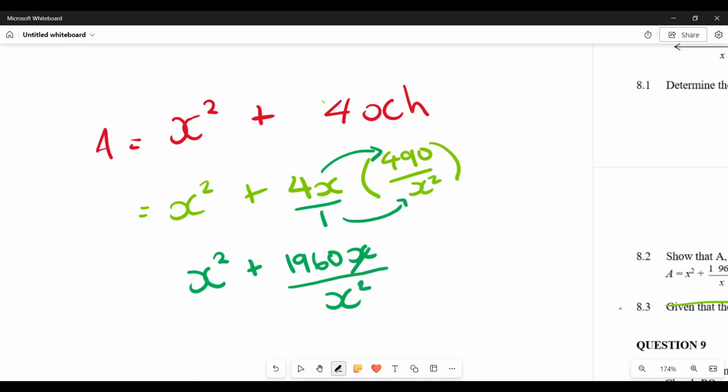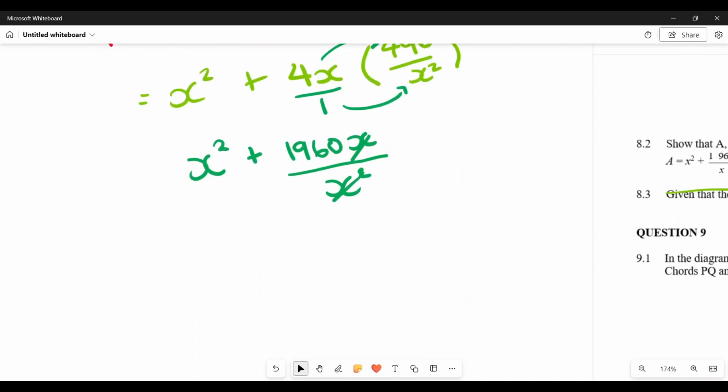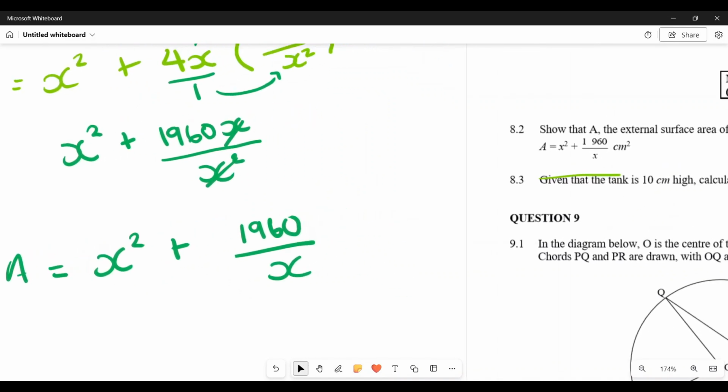Now, this x is going to cancel out with one of the x's at the bottom. As a result, my area formula is going to be equal to x squared plus 1960 all over the remaining x. Now, we have proved our area formula that is equal to our given.